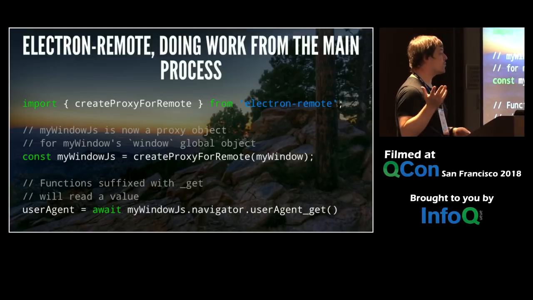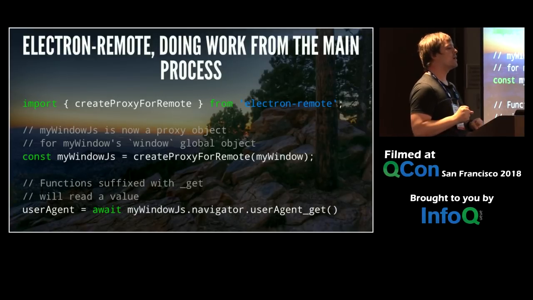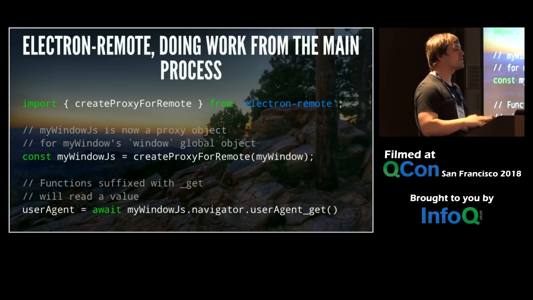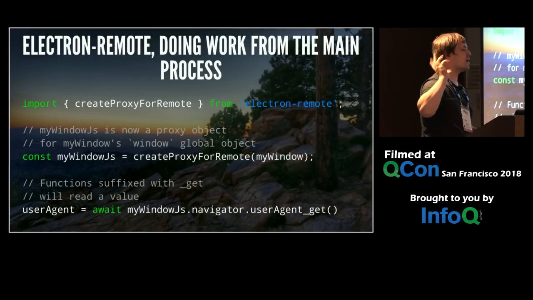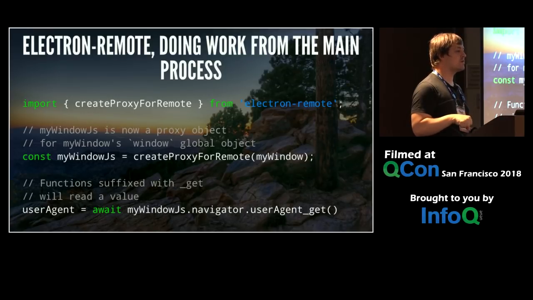Electron Remote also implements that idea of the task pool, right? So you can write a module that does a lot of stuff, like some CPU intensive things. You can hand it to Electron Remote, just like here's this module, I want it to be in some other windows, and it'll hand you back this fake object that is the module.